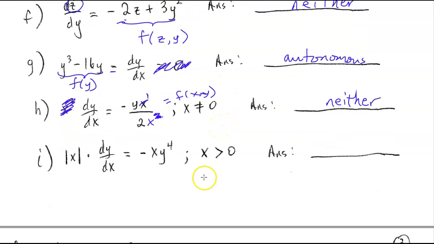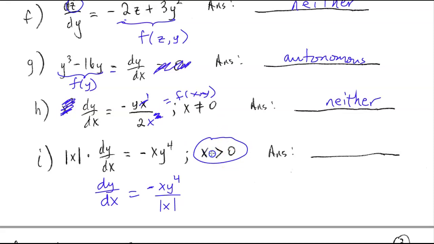And in this last example here, we could rewrite this as dy over dx is equal to minus x over y to the fourth, divided by the absolute value of x. Now, since we're told here that x is going to be positive, we could rewrite the absolute value of x as just x.